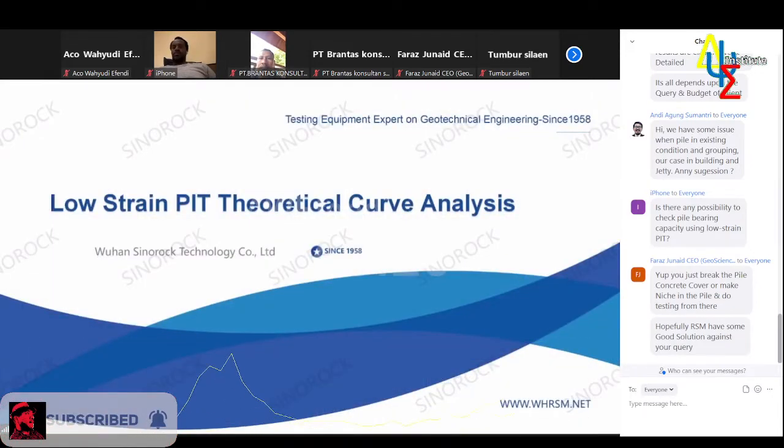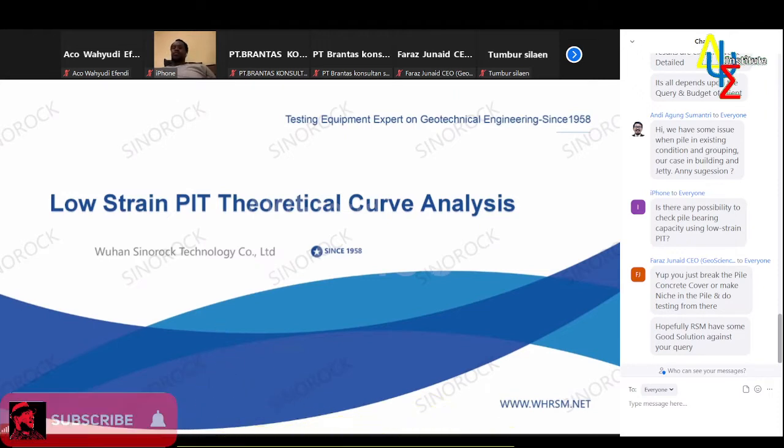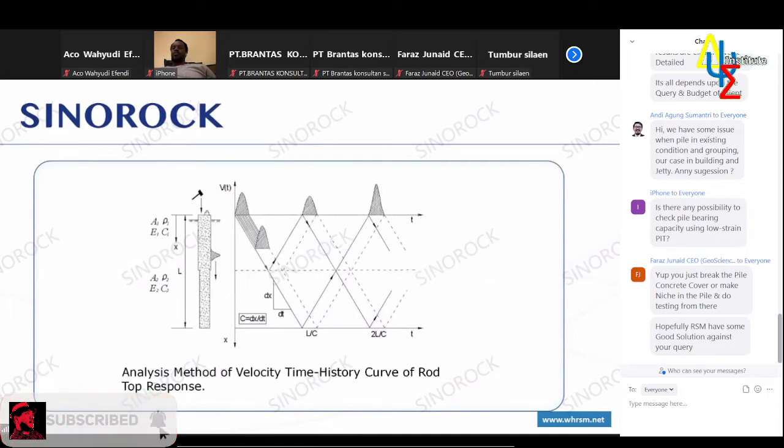Theoretically, we can predict that several kinds of defects will correspond to several curves. So this course is mainly to analyze the theoretical curves. This is the schematic diagram of the rod top velocity time history response curve.